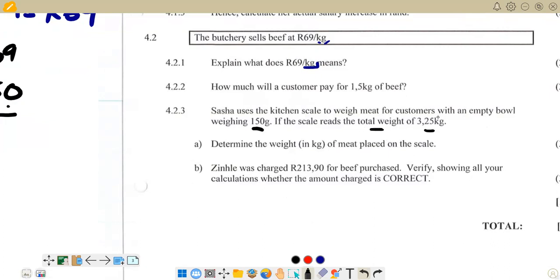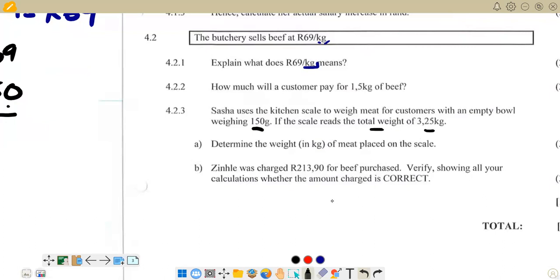The meat plus the barrel will give us the 3.25. Then question A says determine the weight in kg of meat placed on the scale. So the meat and the barrel put together are giving us 3.25.